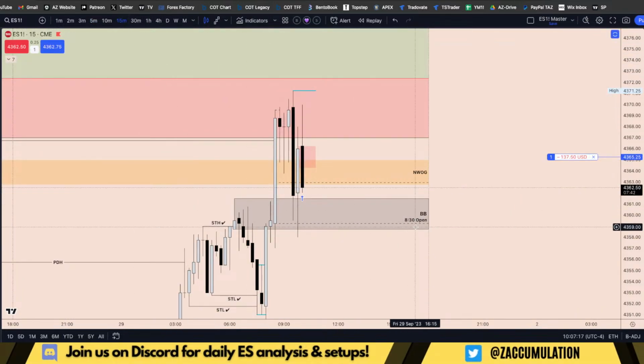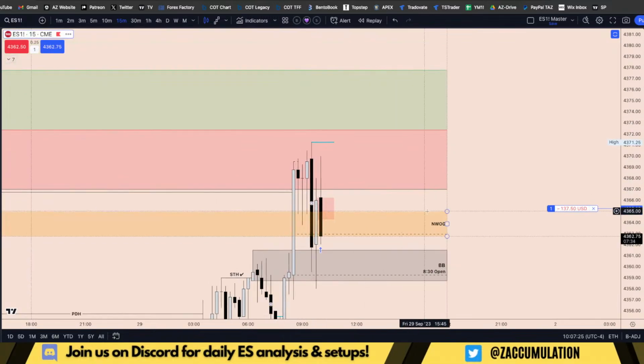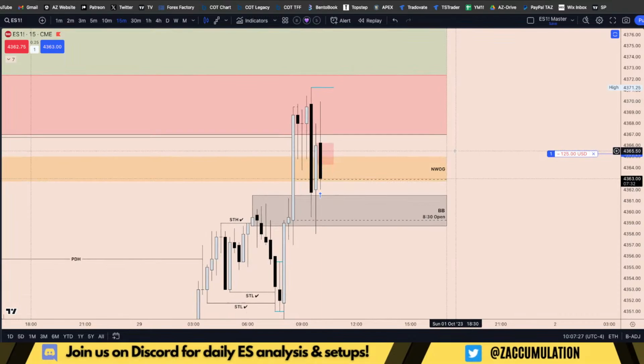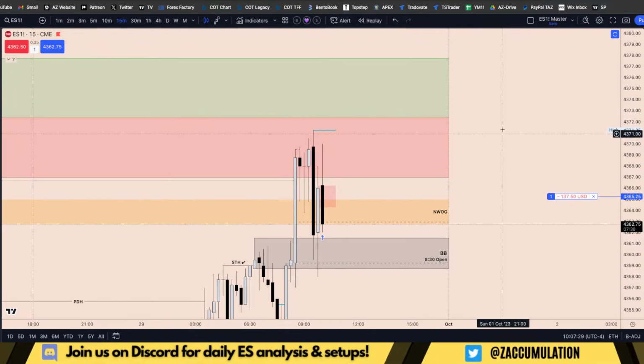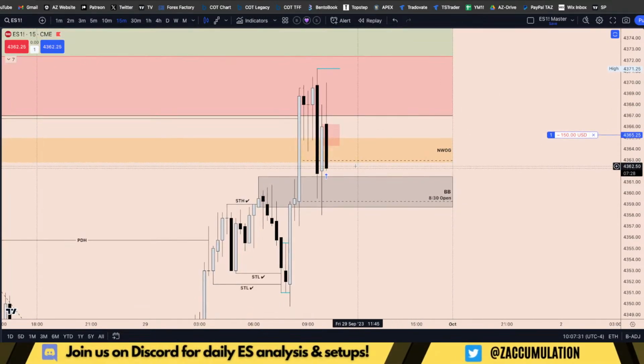Let's check the 15. 15 had a nice bullish push, but we immediately reject again from this 1 hour bearish fair value gap. So, as of right now, we're still stuck between two PD arrays. This 1 hour bearish fair value gap, the breaker block from our unicorn setup. We cleared short-term lows, shifted market structure to the upside in an uptrend.